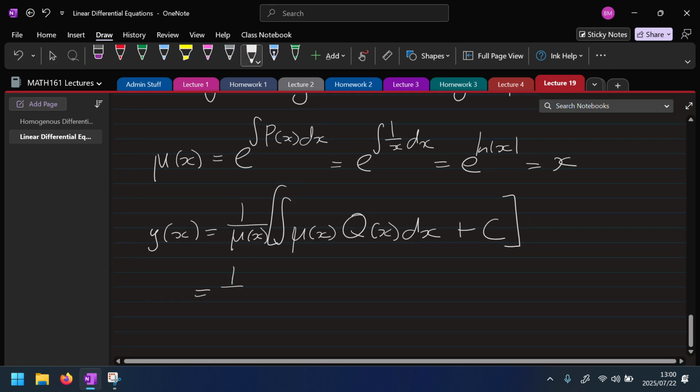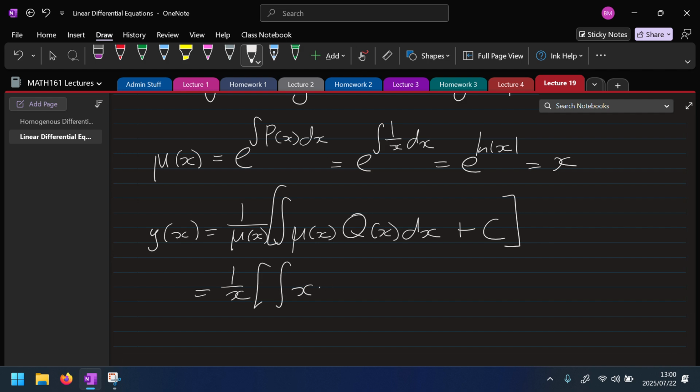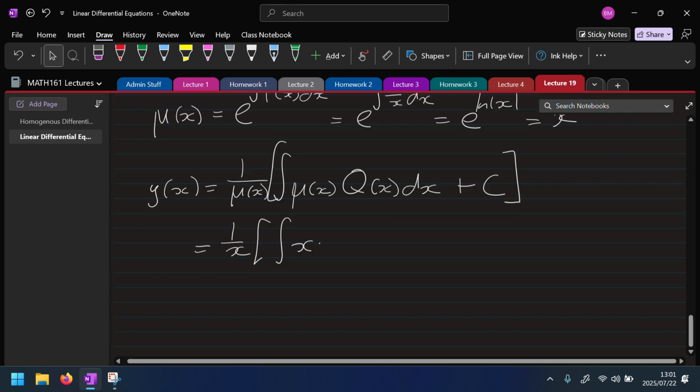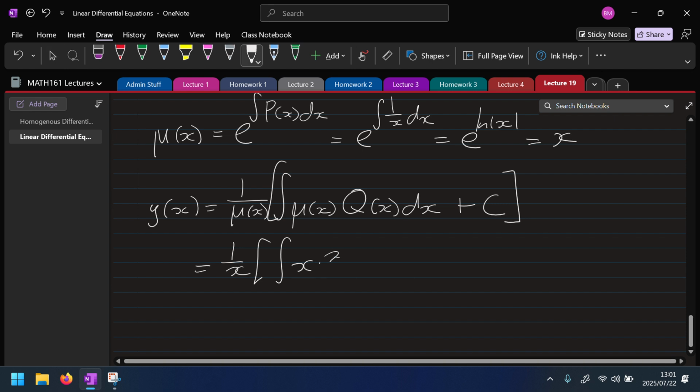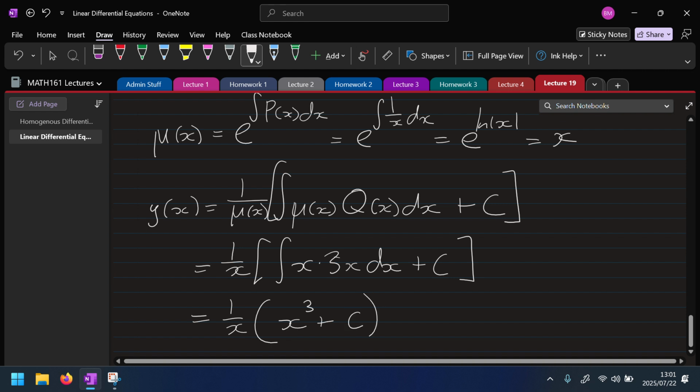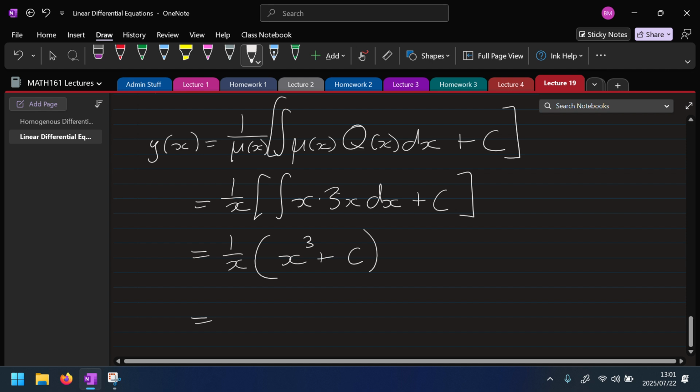So this is going to be 1 over x, the integral of x times q, that was 3x from the side there, and then plus c. So this will be 1 over x, integral of 3x squared, that will just be x cubed, plus c. So finally, x cubed over x, that's just x squared, plus c over x.